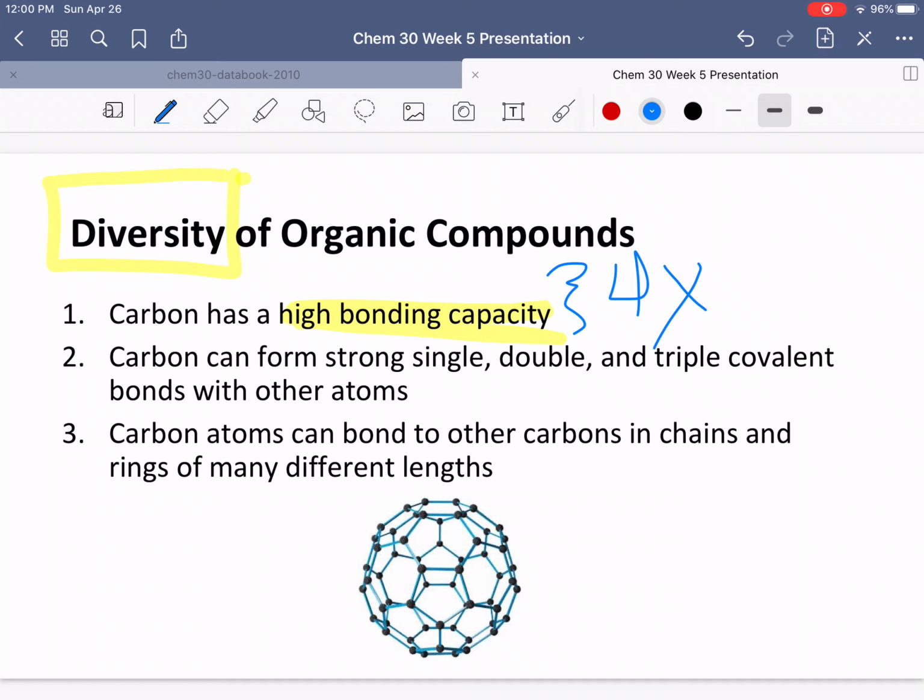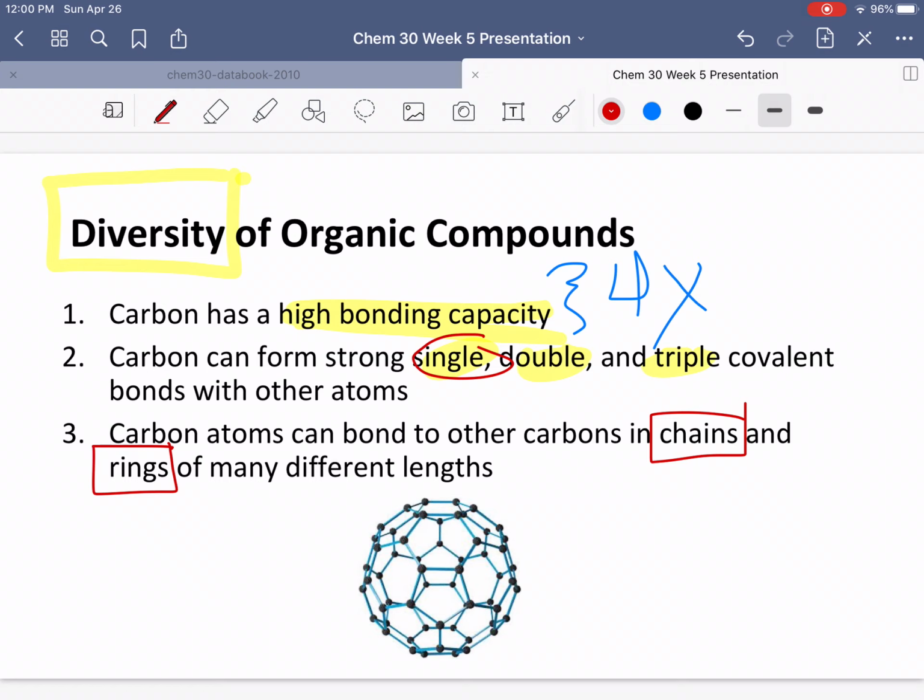Now, another thing with the diversity of organic compounds is they can form some lovely, not just single bonds, but double and triple bonds. Our focus this first week is going to be on the single bonds formed. We'll get into the double and triple next week. And the other cool thing is long chains, which means we end up with something called polymers, and that'll come up a little bit more later, and also rings.